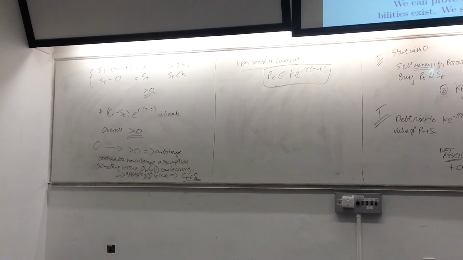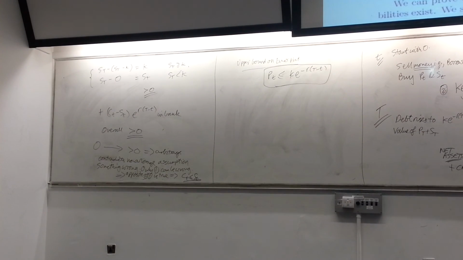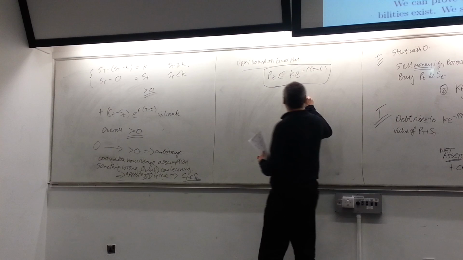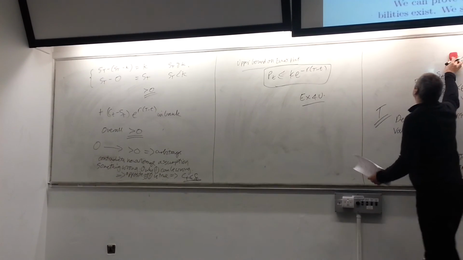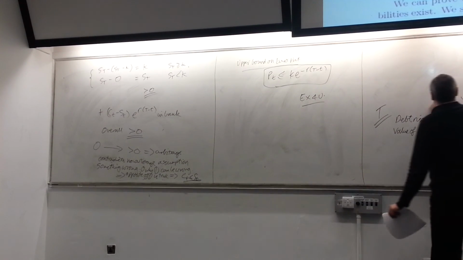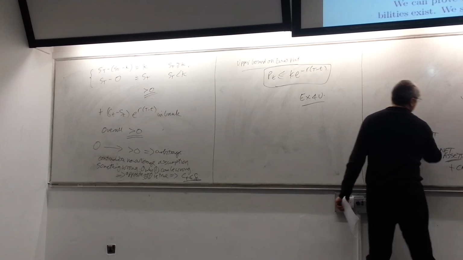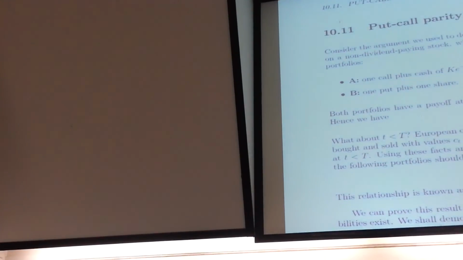Right. One of the really important things that we come across now is put-call parity. So all that we've done so far is to relate the individual option prices to the underlying asset.